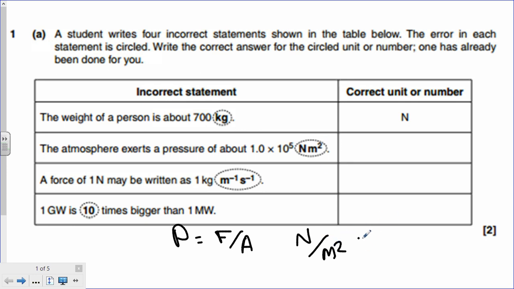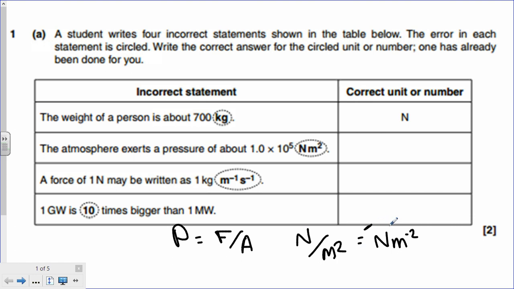And how we normally write this, the conventional way to write this in physics, is you write it like this. This minus means that it's per square meter. Writing it this way just means you don't have to write this slash all the time. It's a bit neater to write it this way, which is the way you should write it, it's the conventional way. So this and this are mathematically identical.